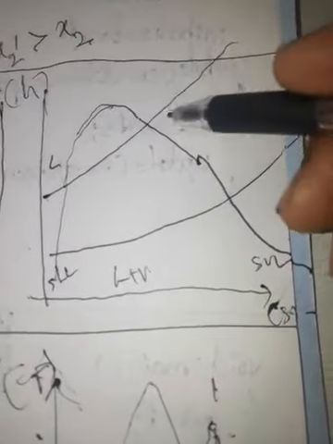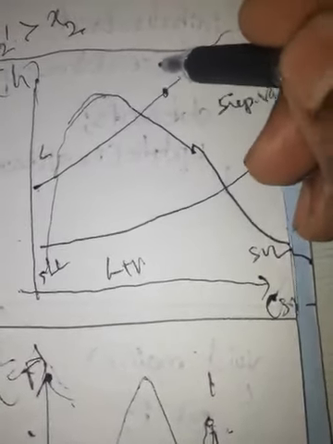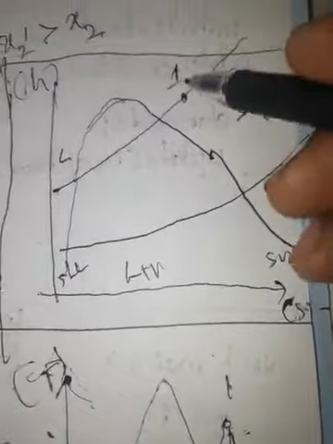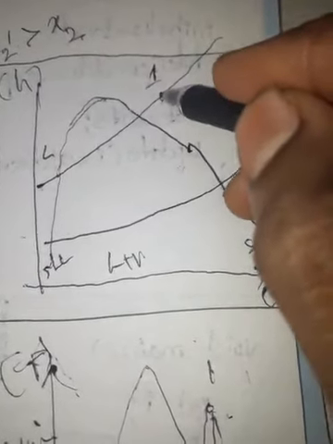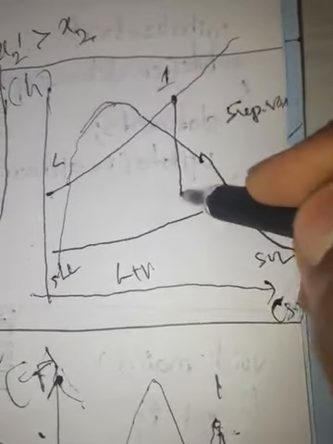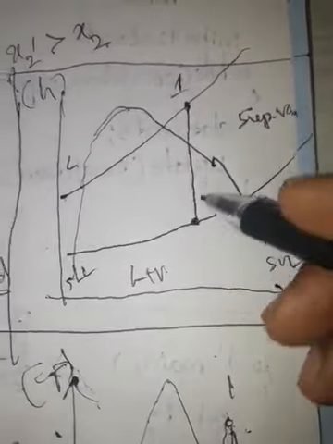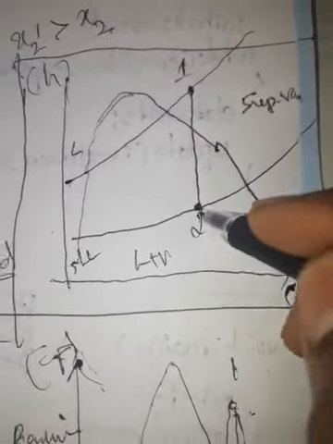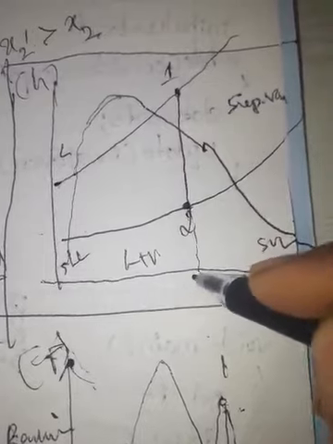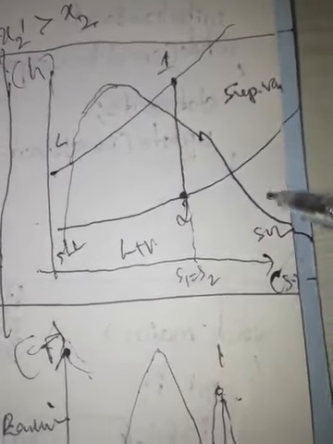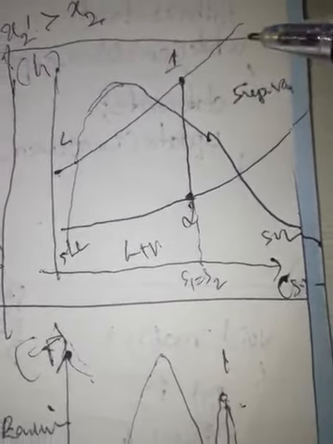State 1 we are marking at the inlet of the turbine, state 1. So state 1 to 2 it is undergoing S1 is equal to S2, the ideal process inside the turbine.